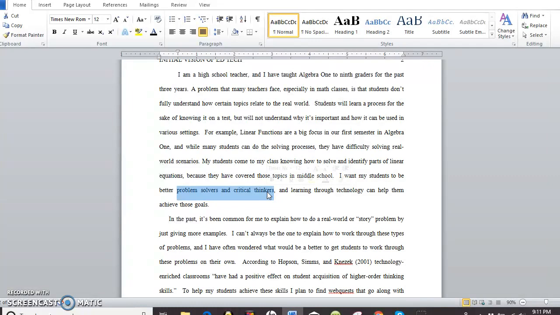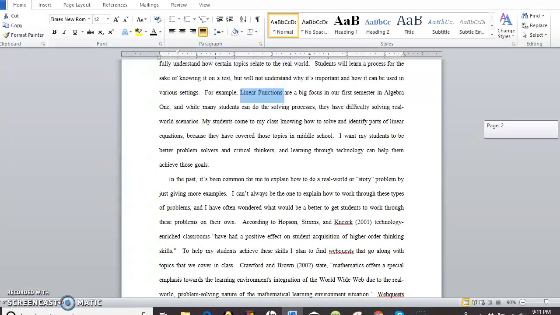When I was looking at WebQuest initially for this paper, I thought it'd be great to use them for our linear functions unit, since it's a large part of our first semester and a lot of content revolves around that.